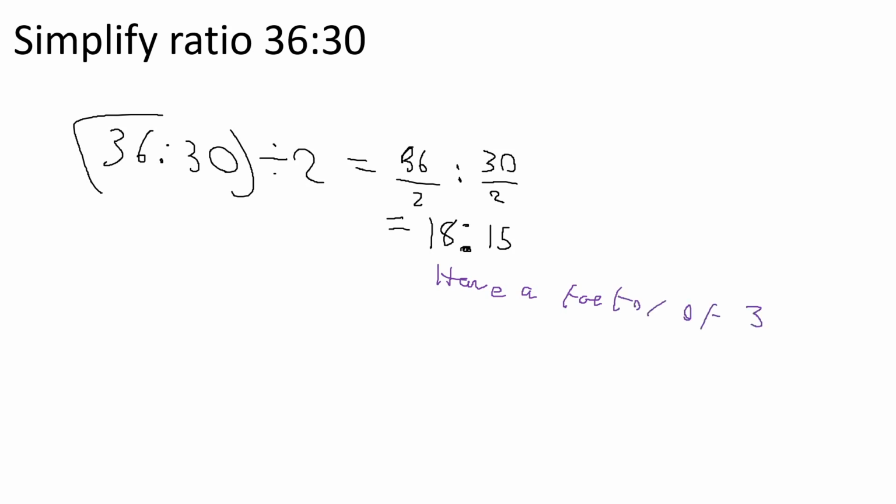So therefore, we can divide both of these by 3. So 18 to 15, all divided by 3. That's just going to be equal to 18 over 3, which is 6, and 15 over 3, which is 5.